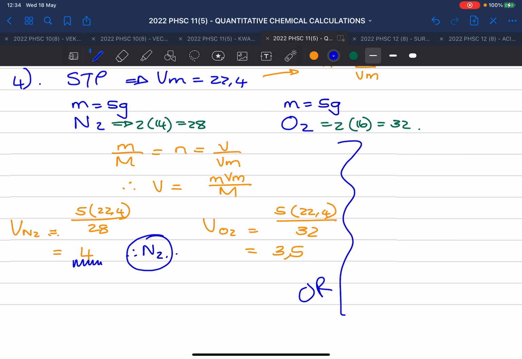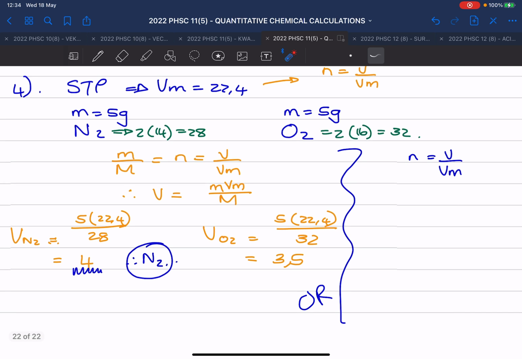Or you could have said, all right, I see here that if I want to get the volume, I must have the mole and the molar volume. Since I'm at STP, they will have the same molar volume. So I can just say that mole is directly proportional to volume. So the one that has a bigger mole will have a bigger volume.